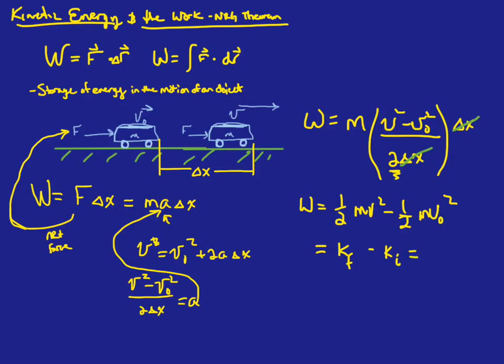And whenever we subtract the initial from the final, that's really just what symbol? Okay, it's our delta. So this is our delta K, our change in kinetic energy. Now, if we start at rest, then work just winds up being our kinetic energy.